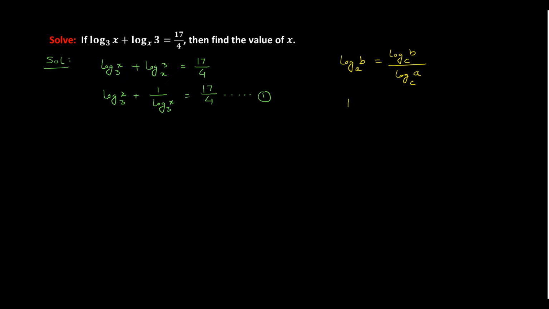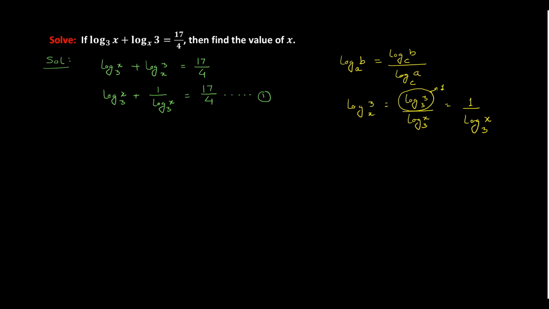In this way we can write log 3 to the base x by converting it into base 3. So we can write it as log 3 to the base 3 divided by log x to the base 3. This quantity is going to become 1, so we can write it as 1 divided by log of x to the base 3. That's why we have written log of x to the base 3 plus 1 upon log of x to the base 3.